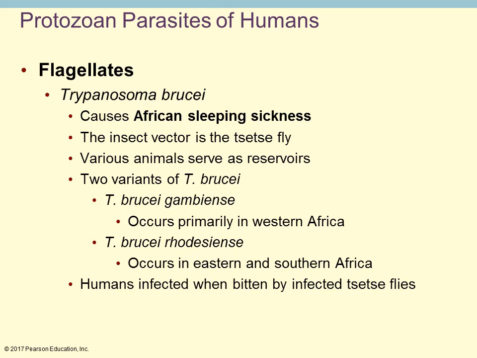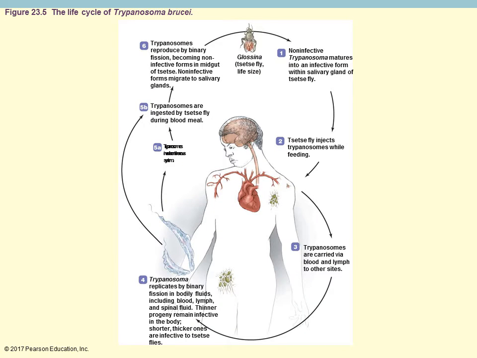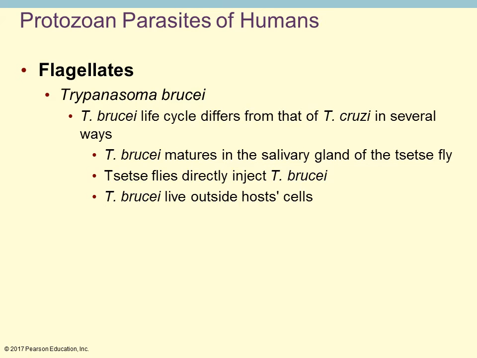Another type of flagellate is Trichomonas vaginalis, which is the causative agent of African sleeping sickness. The insect vector here is the tsetse fly. Once again, humans become infected when the insect bites them. You can see once again the progression or life cycle of the parasite between the human and the fly.